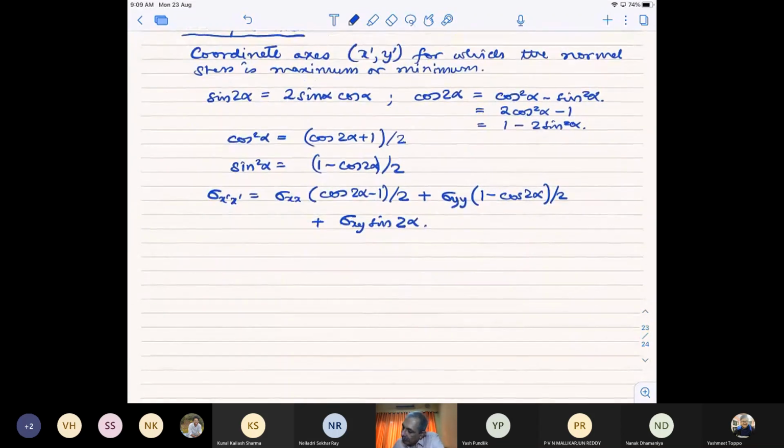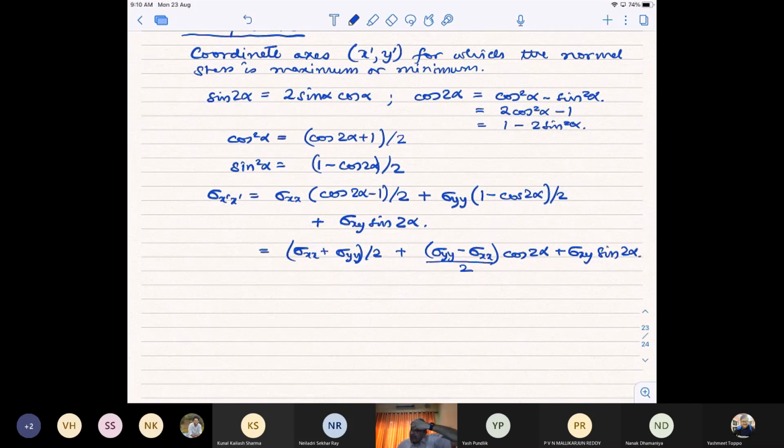So now if I combine this, you can see this is equal to sigma xx plus sigma yy divided by 2, plus sigma yy minus sigma xx divided by 2 into cos of 2 alpha, plus sigma xy into sine of 2 alpha.